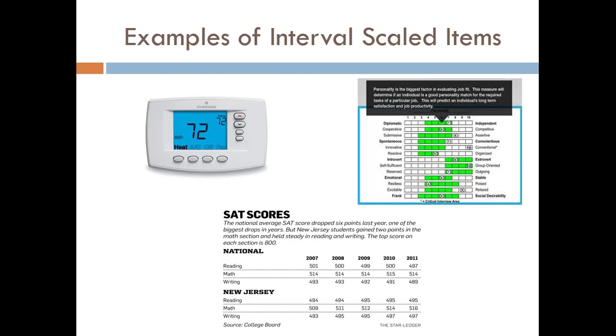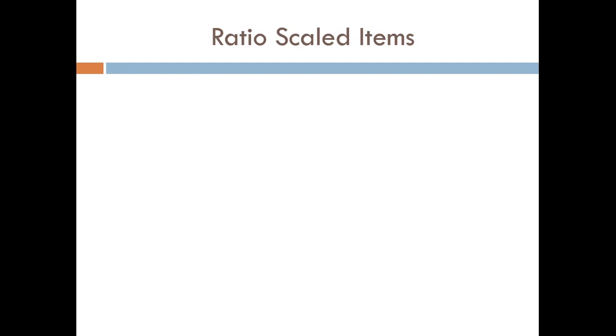Same as temperature, although we can have 0 degrees on a thermostat, 0 degrees does not mean we have the absence of temperature. So I'm sure that all of my students from up north can certainly vouch for it. You can go below 0 and it can be really cold, and when you hit 0, it doesn't mean that you walk outside and you feel nothing.